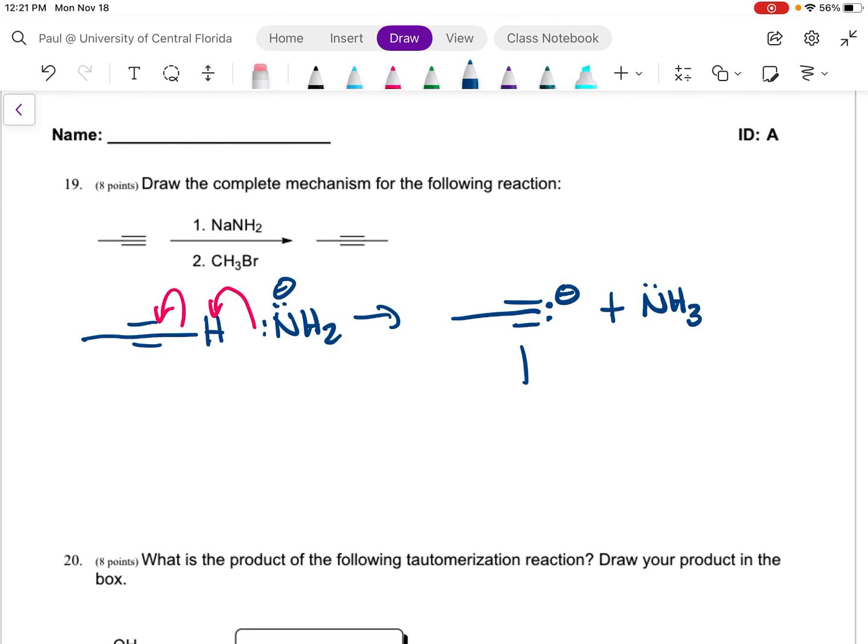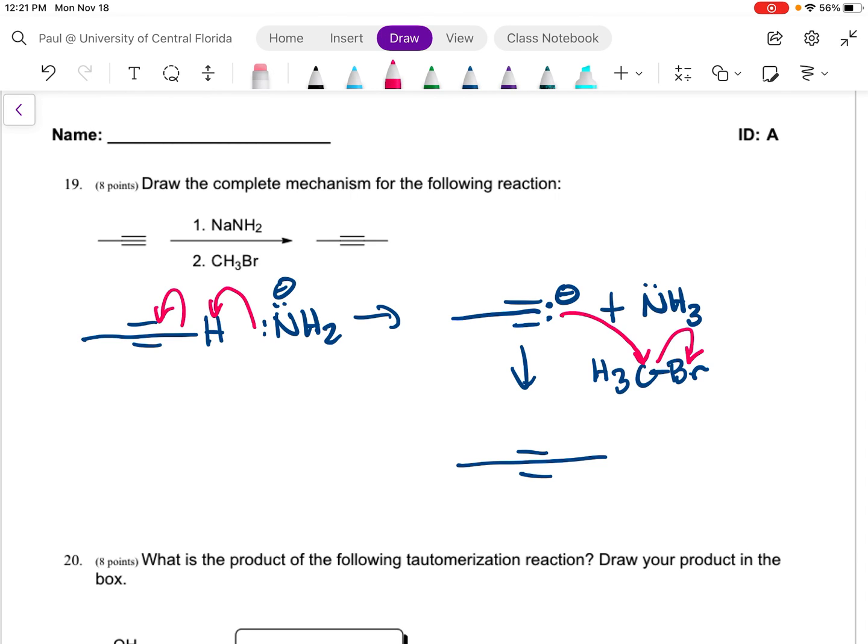And then that's going to be treated with the methyl bromide. And we have to extend that bond right there, like that, to give us our final product.